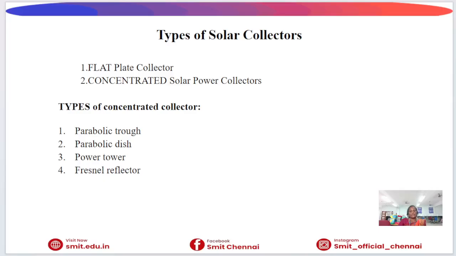Concentrated solar collectors are used when high temperatures are required. Examples: parabolic trough collectors, parabolic dish collectors, solar power tower, Fresnel reflector. Each type works differently depending on the temperature requirement and applications.